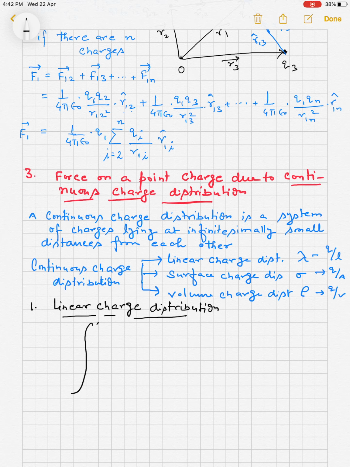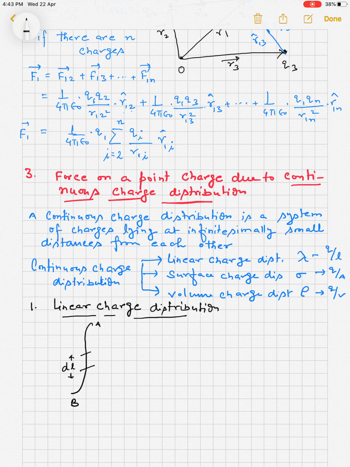Suppose here is a conductor AB of length L, and here we consider a small element of length dl.